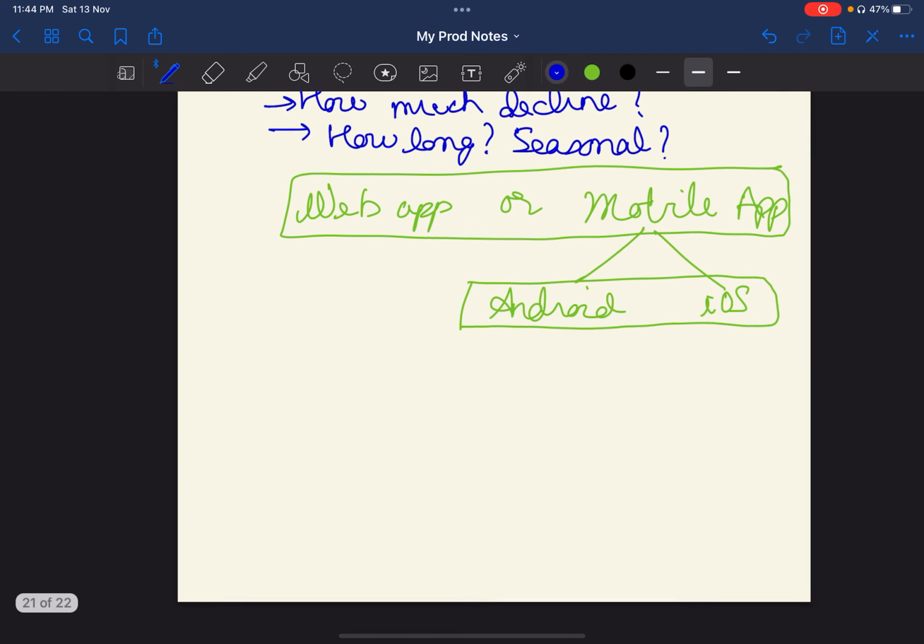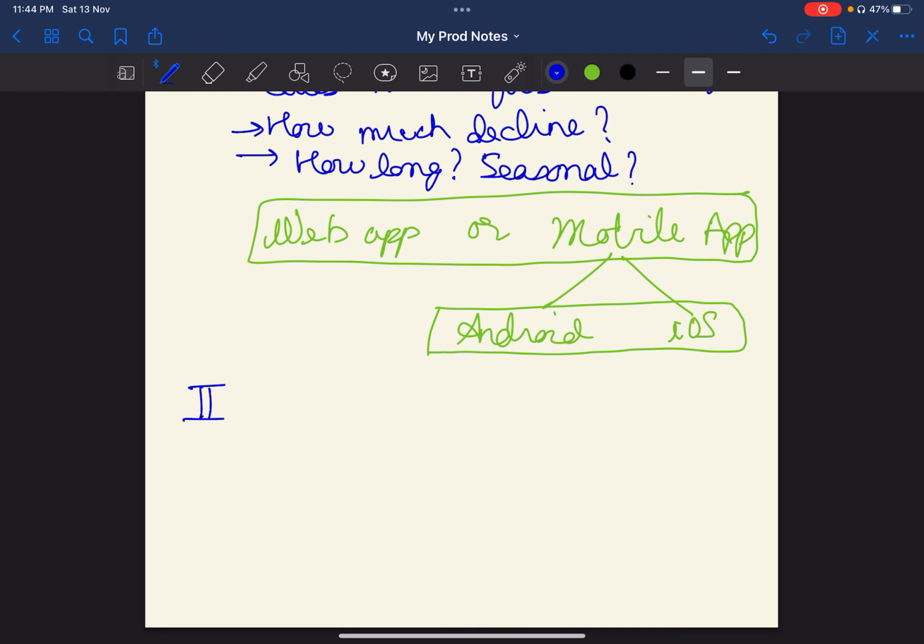Second, and actually the most important aspect, is what analytics tool is being used to measure it. You need to understand that a lot of times there are issues in the analytics tools themselves which are measuring the required metric. Hence you need to be sure whether there is some issue in that or not.